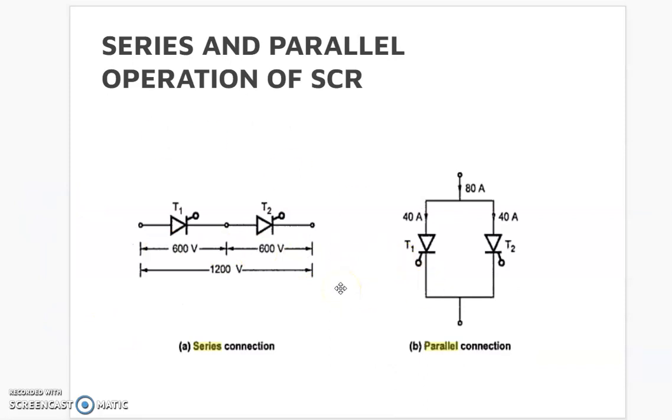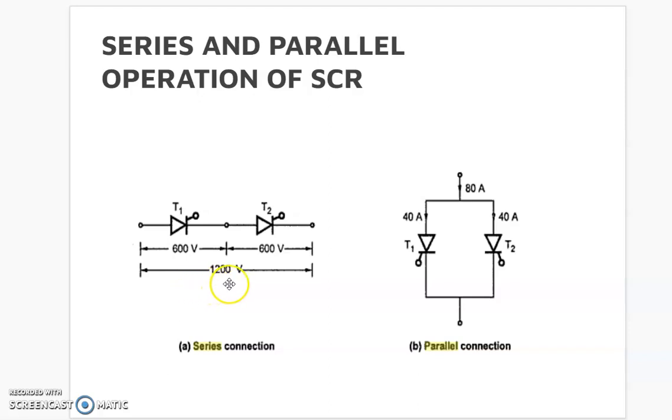Now consider this SCR has a rating of 600 and this SCR also has a rating of 600. I am talking about rating, not the voltage across the SCR. Now let us say we apply a voltage of 1200, which is the supply voltage.